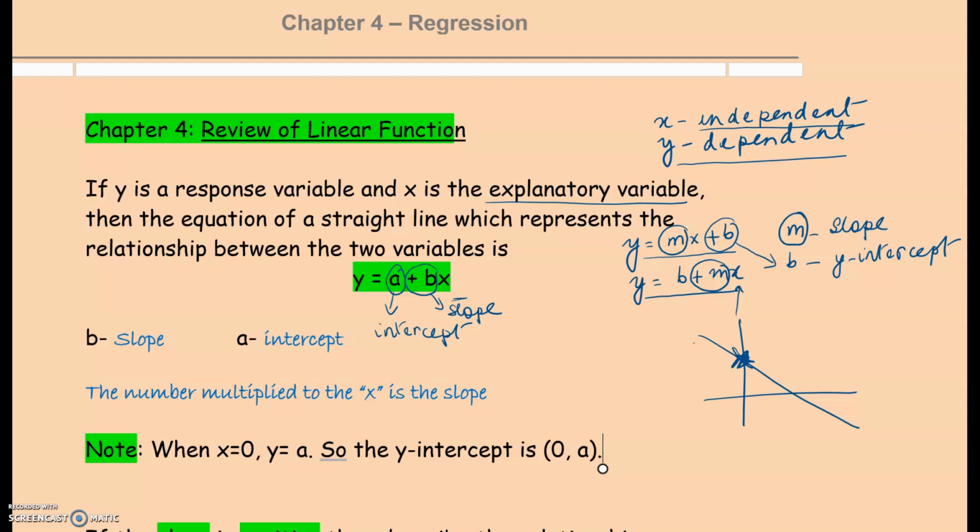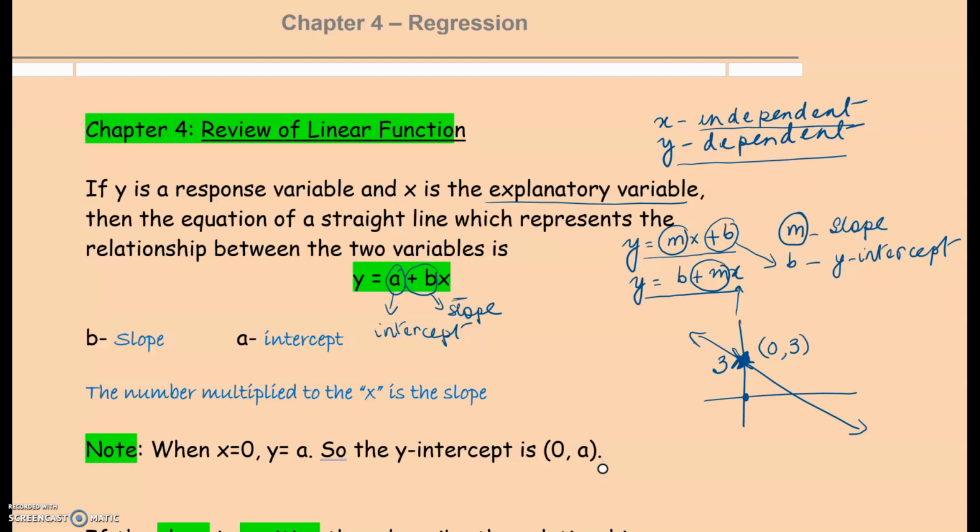Since the y-intercept is the point where the line crosses the y-axis, suppose the line crosses the y-axis at 3. If we write the point as an ordered pair, remember that the x-coordinate of a point lying on the y-axis is equal to 0, and in this case the y-coordinate is 3.